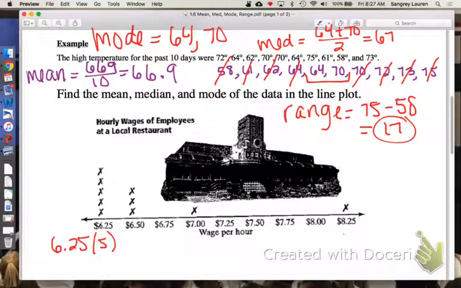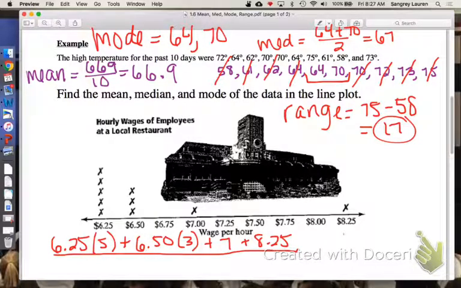So we can take that wage of $6.25 and multiply by 5. Then we can say, okay, there's 3 people that are getting a wage of $6.50, so we'll multiply those together. There's only 1 person that has a wage of 7, and there's 1 person that has a wage of $8.25. This will help you just not have to add so many numbers together.